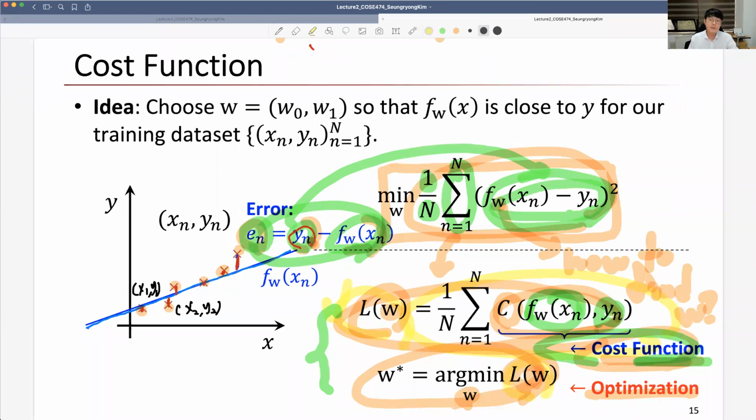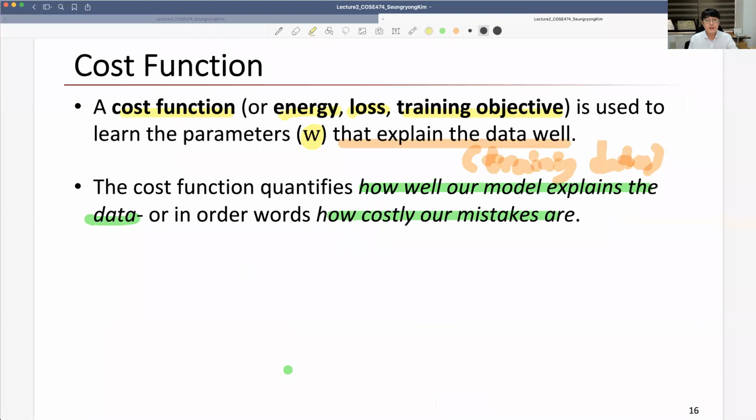So this is the optimization. And the cost function quantifies how well our model explains the data, or in other words, how costly our mistakes are. How well our model explains the data means the cost is defined as a function of f(w, xn) with the yn.